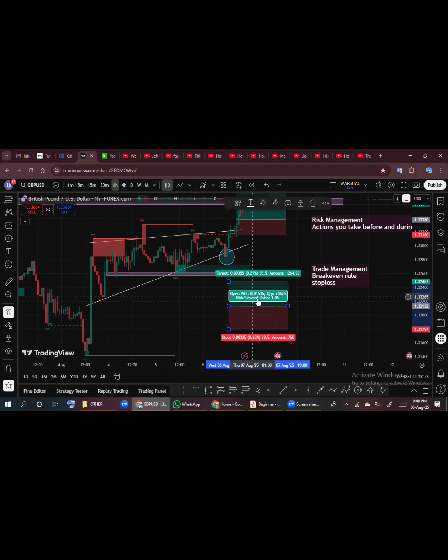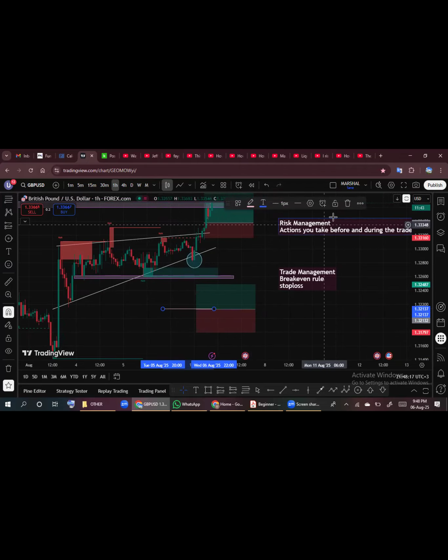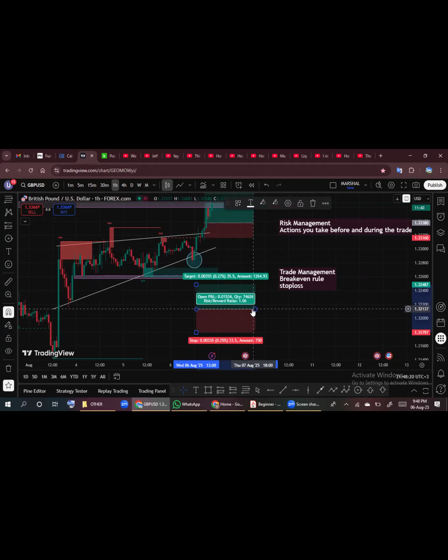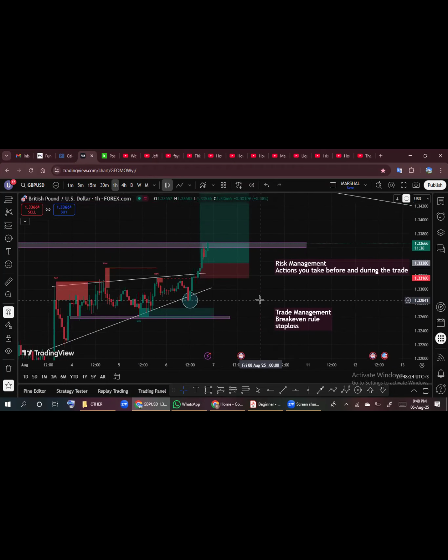Again, let me say this: most times as traders, there is a temptation that you've done your planning well, and once you enter on a trade, you begin to make another decision contrary to what you've already planned for. It's also wrong. It's a bad habit. You'll see that you will miss out on good trades.